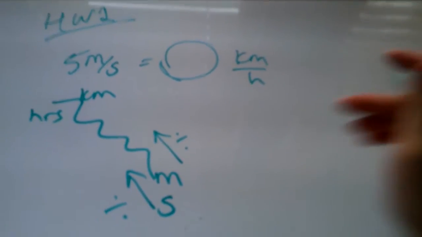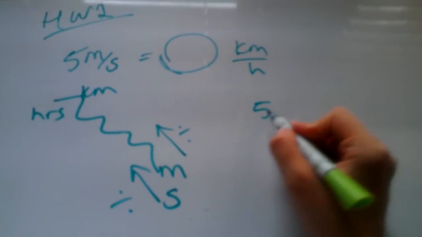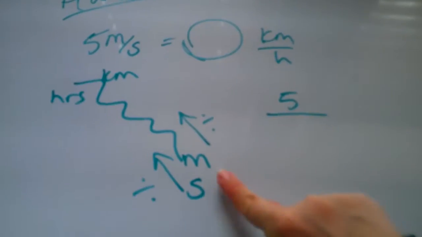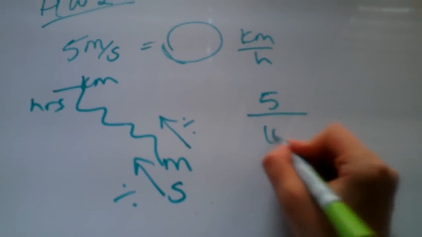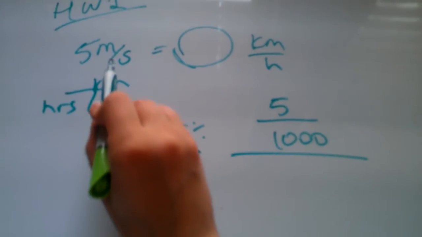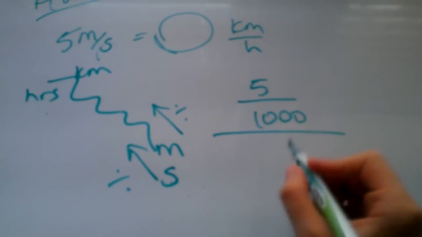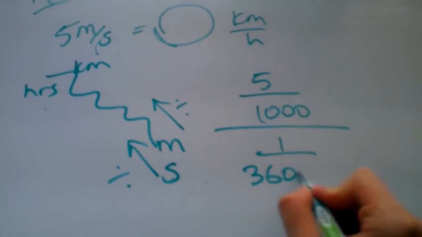Let's just do the divisions. 5 divided by a factor of 1,000 for meters to kilometers, over now seconds to hours, a factor of 3,600.